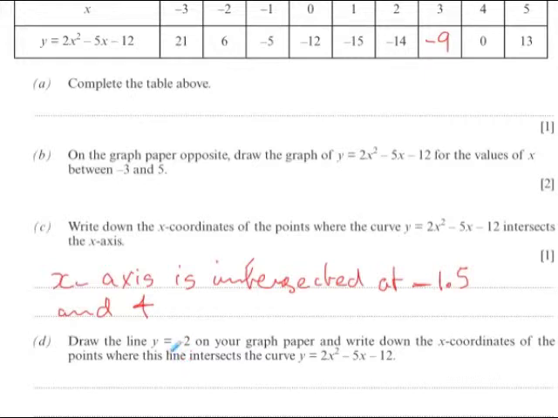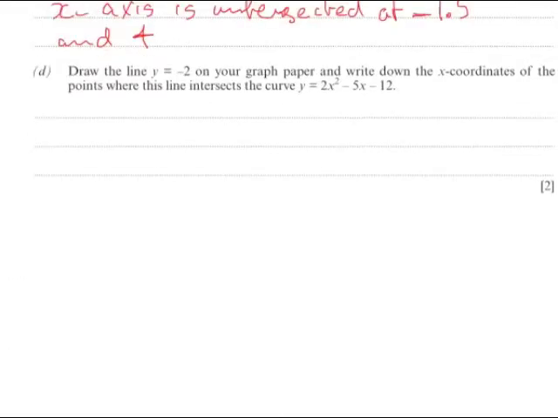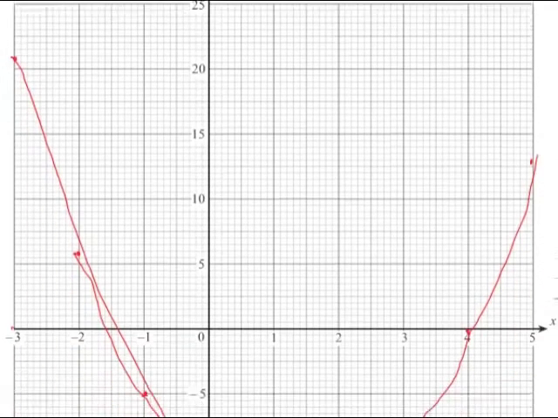Now draw the line y equals -2 on your graph paper and write down the x-coordinates of the points where the line intersects the curve. Right, so let's do that. Let's go back to the graph and y equals -2.